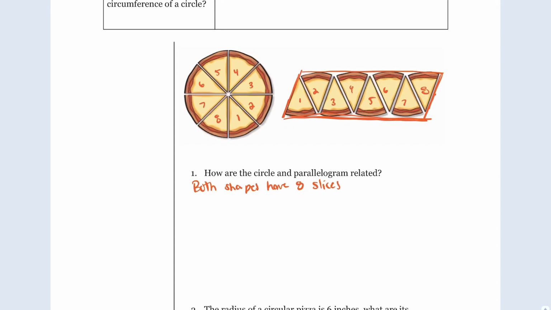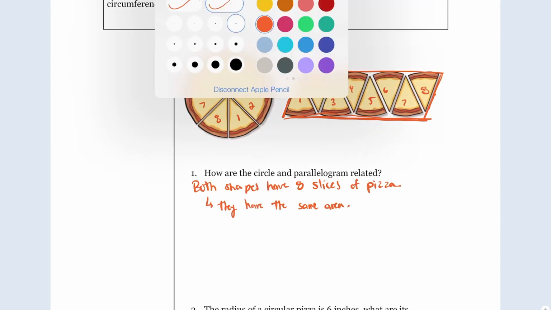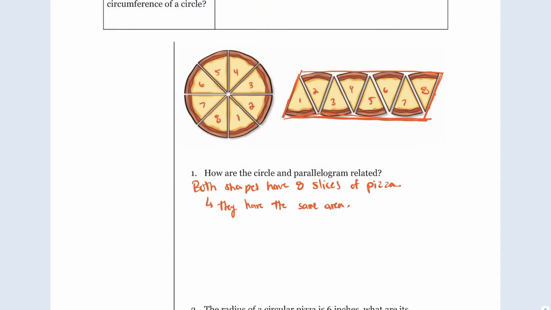But can we make this observation a little bit more mathematical? If you're thinking about area, how do the areas of the circle and parallelogram compare? In other words, they have the same area. Okay, another observation you might have made is that the radius of the pizza, going from the center to the side of the pizza, is the same length as a pizza slice.